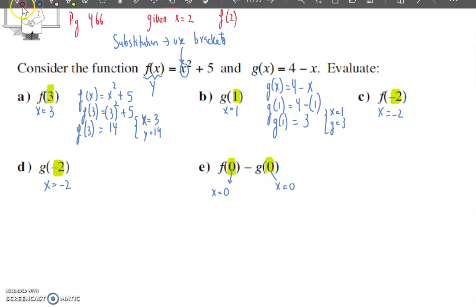So again, part C, what do we do there now? We do the same thing, but right now we're going to use the function f of x. And then we want to find out f at -2. So really important, you put brackets and you put -2 inside there. I've seen a lot of students make a mistake when they try to enter this in the calculator. So if you put it like this in the calculator, your answer will come out to be -4, because the calculator is only doing a square on the 2.